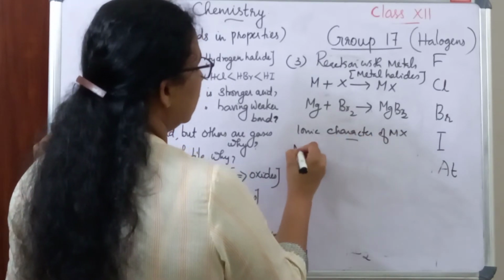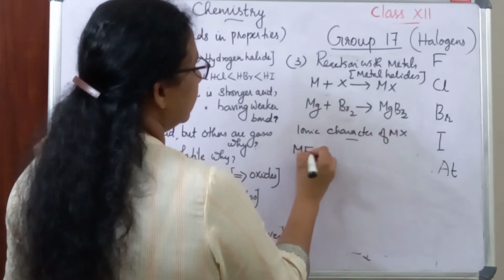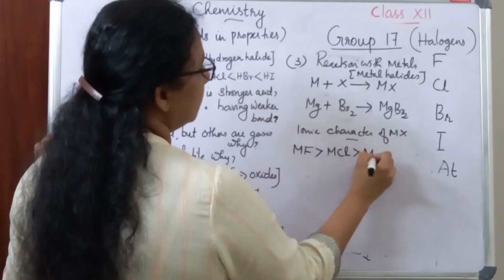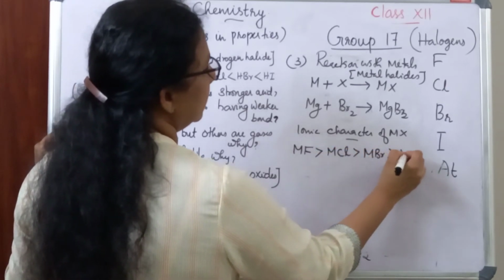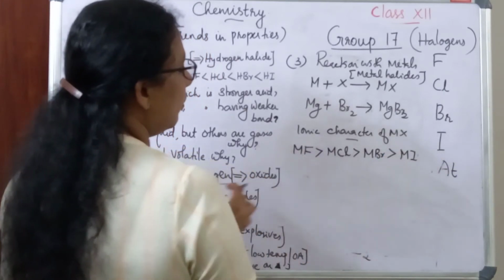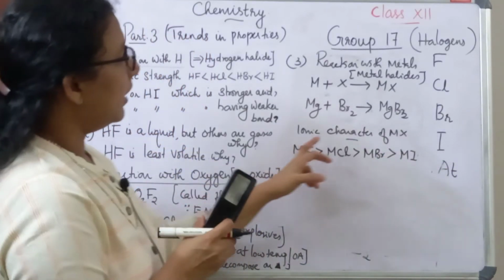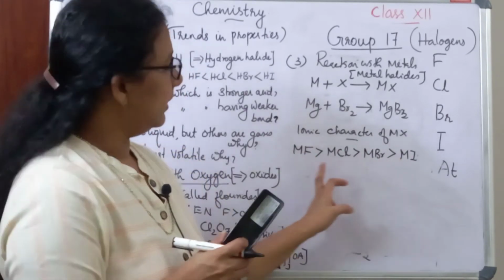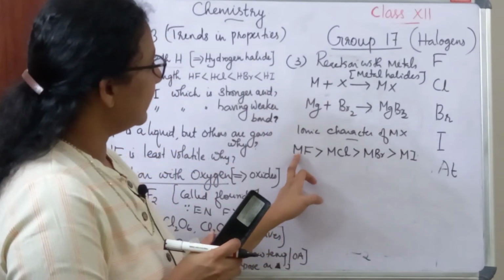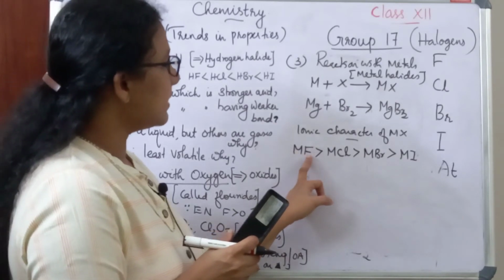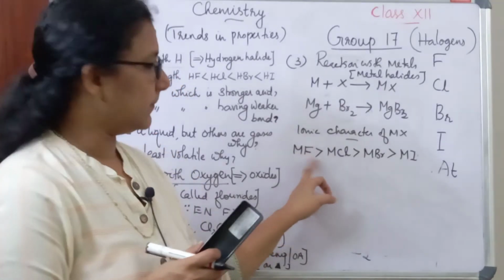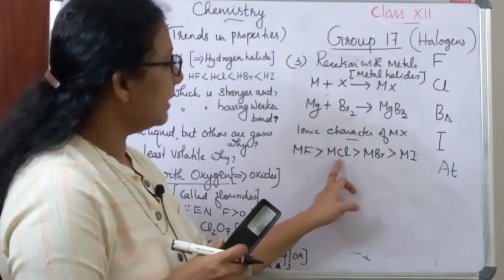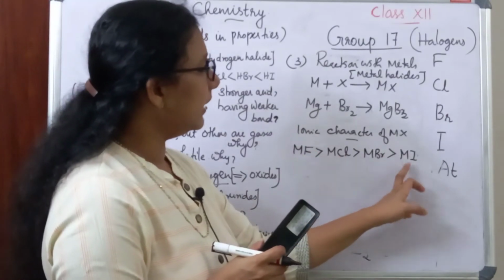The ionic character of metal halides is in the order MF greater than MCl, greater than MBr, greater than MI. So the ionic character decreases in this order. MF, that is metal with fluorine, has more ionic character than MCl, then MBr and MI.